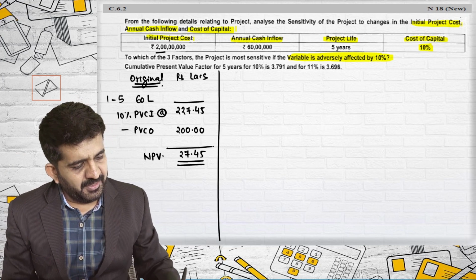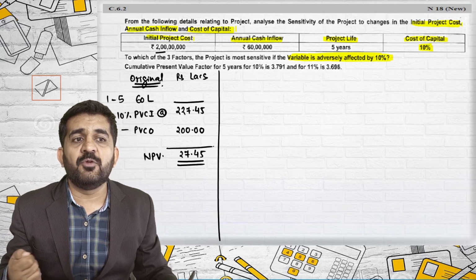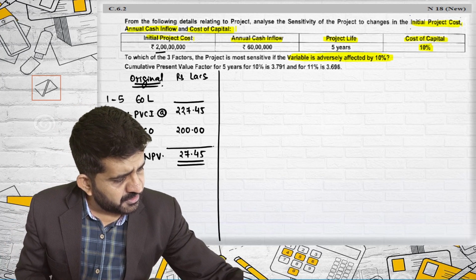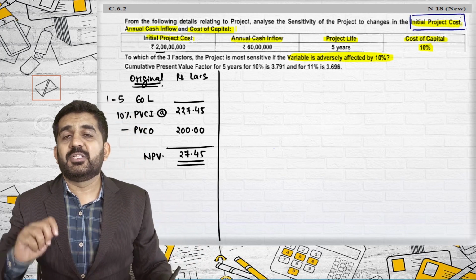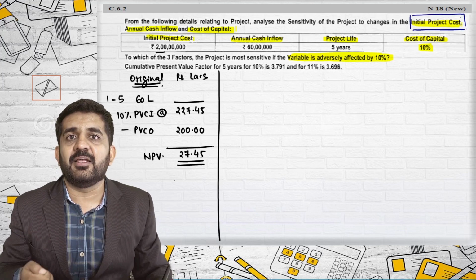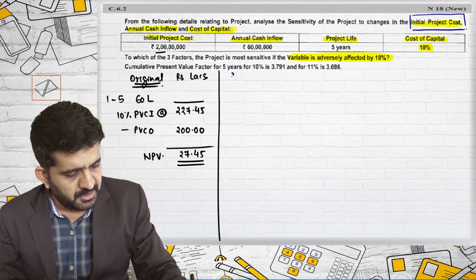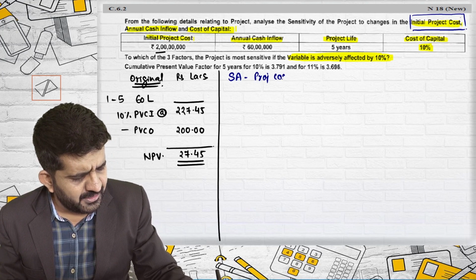Now they are telling me to analyze the three factors, also that it should be adversely affected by 10%. Which three factors? Initial project cost. So this is sensitivity analysis of variable number 1, which is project cost.